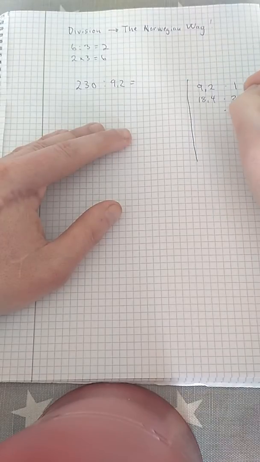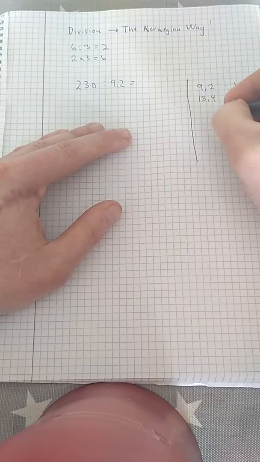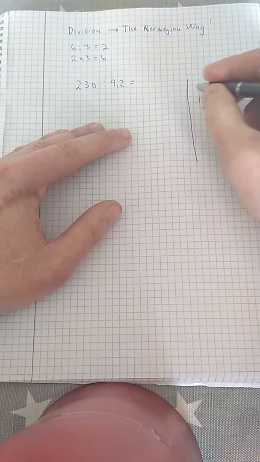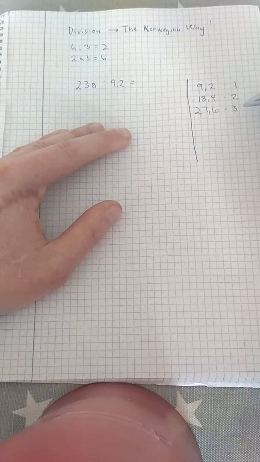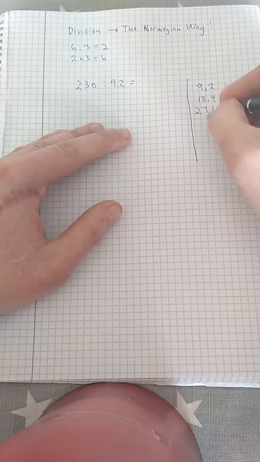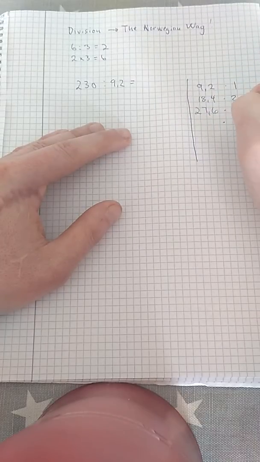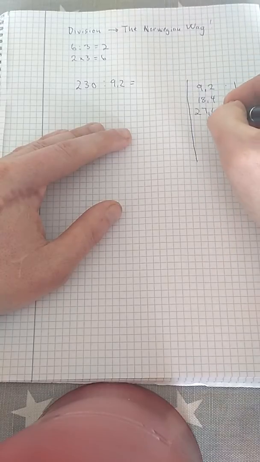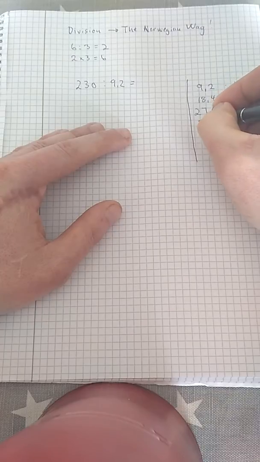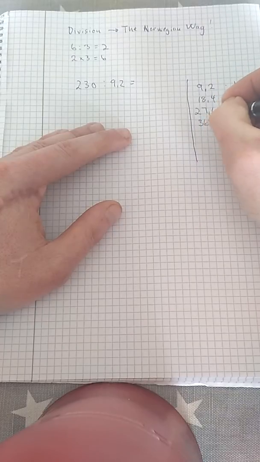Then I can easily multiply it by 3 by adding these two numbers, and I get this number. And now I can do 4 times, and 4 times is like doubling this number. So then you see I get 8, and the double of 18 is 36.